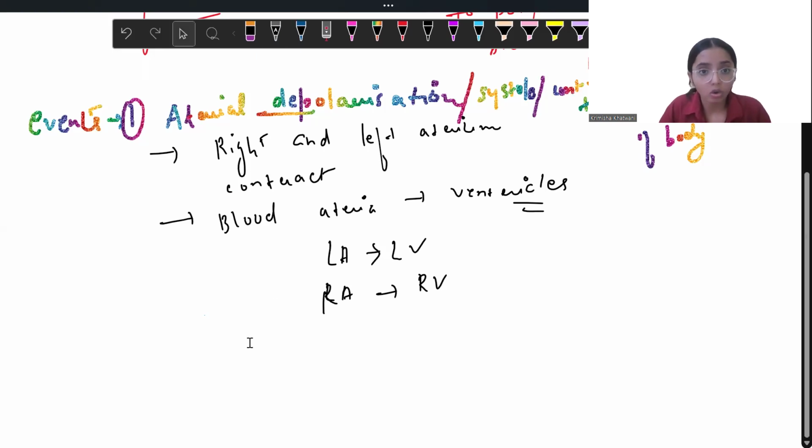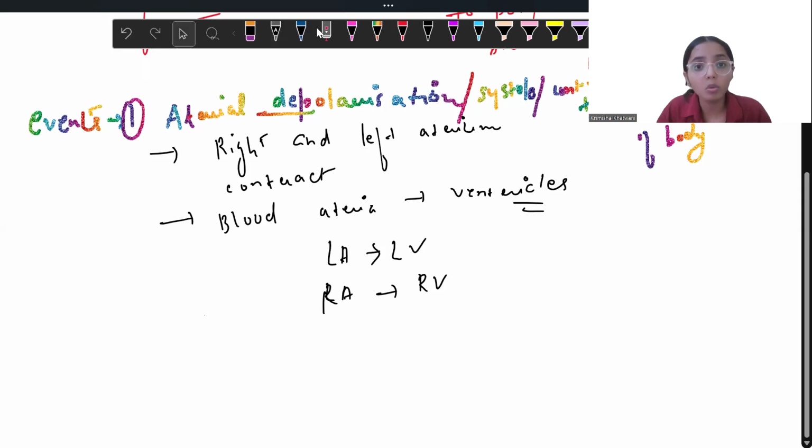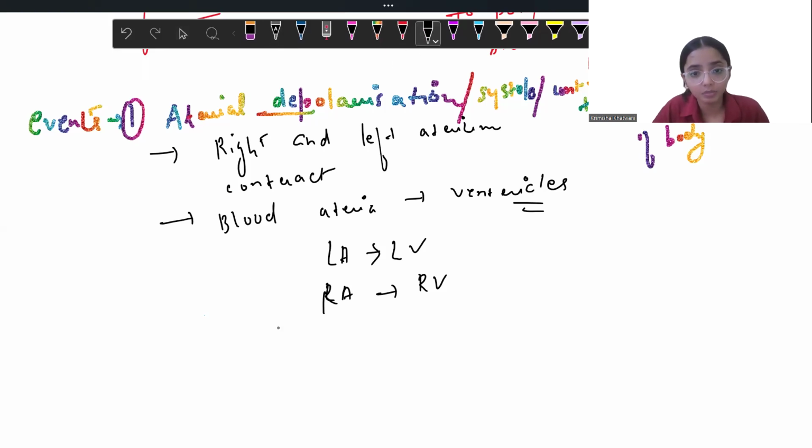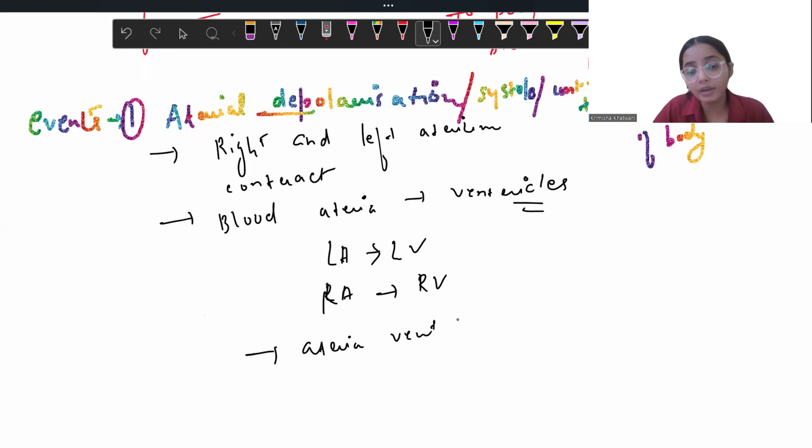The atria and ventricle are separated from each other. Now you will ask me, ma'am, how is the blood moving from atria to ventricle? See, the atria and the ventricle are separated by the atrioventricular septum.